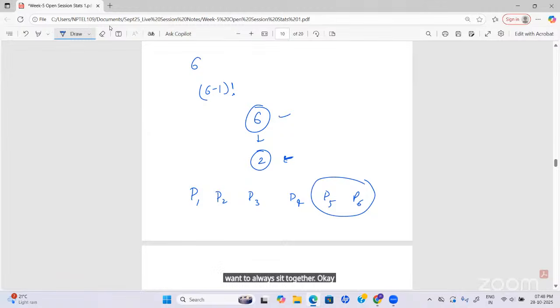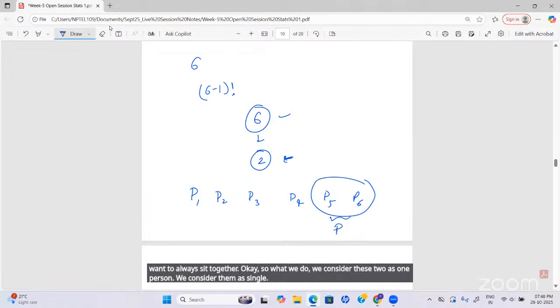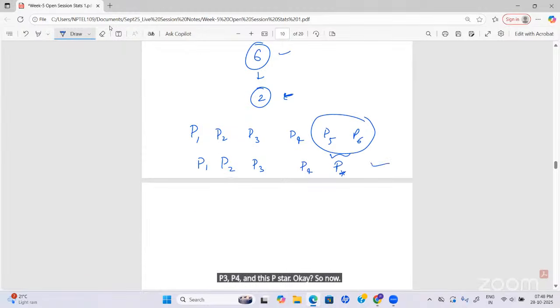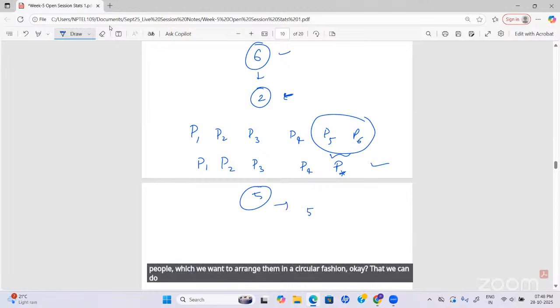So what we do is we consider these 2 as one person, as a single one. Now we have P1, P2, P3, P4, and this P star. So in total we have 5 people which we want to arrange in a circular fashion. That we can do in 5 minus 1, which is 4 factorial ways.